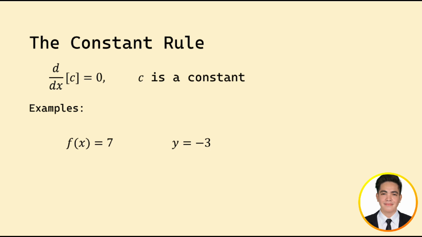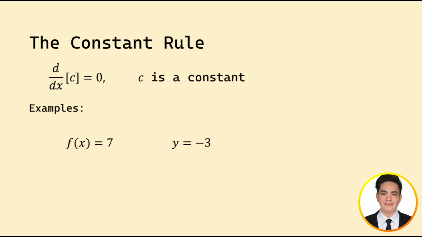It is just a constant alone. So in this example, f of x is equal to 7. Take note na walang nakalagay dito na x, walang nakalagay any variables. Therefore, the derivative of a constant, any number, is always 0.